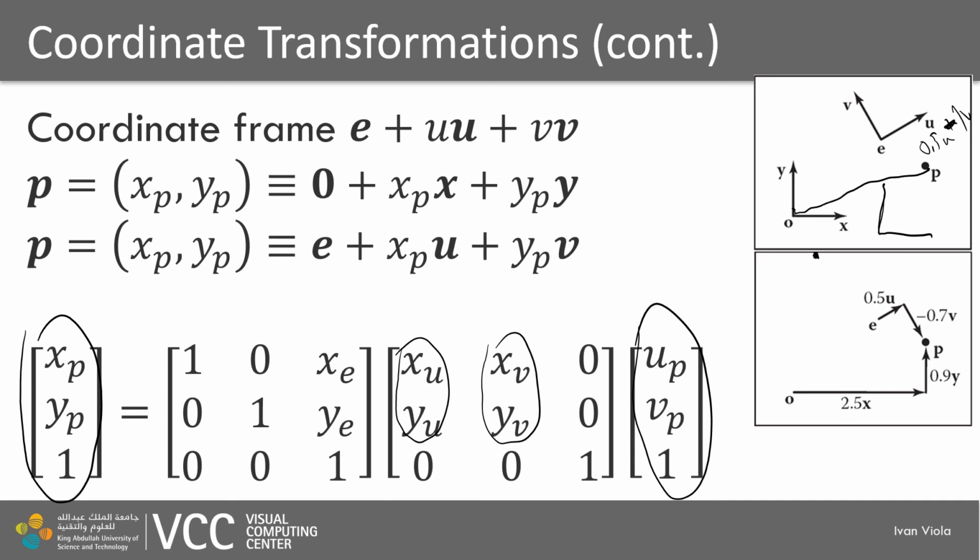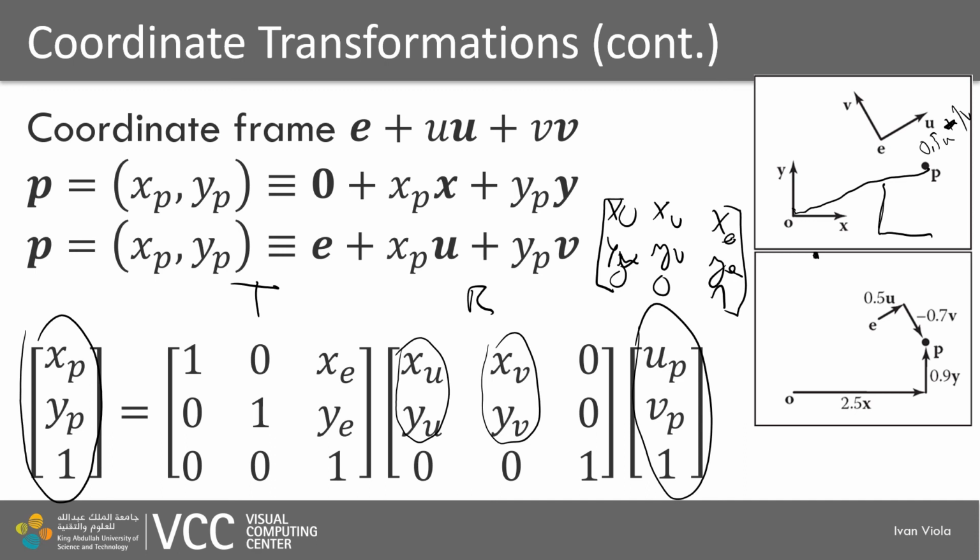So we can see that rotation and translation are the operations which should be done for the transformation between these coordinate systems, and this can also be expressed as a concatenated matrix because this is in the right order. So it will be XE, YE, and then XU, YU, XV, YV, and 0, 0, 1.